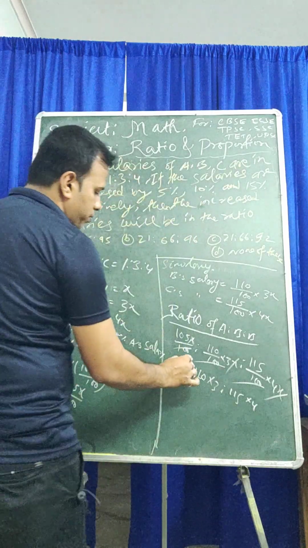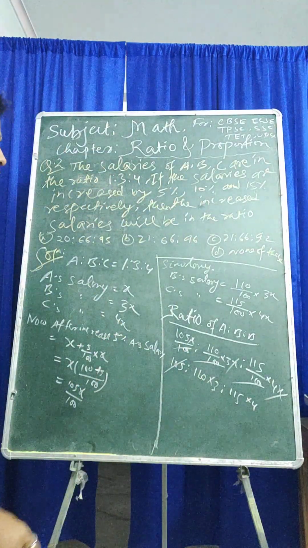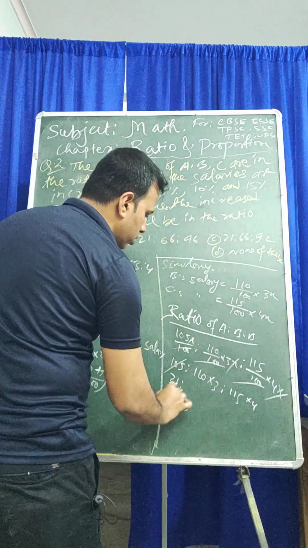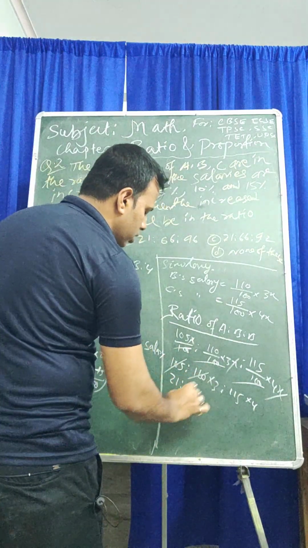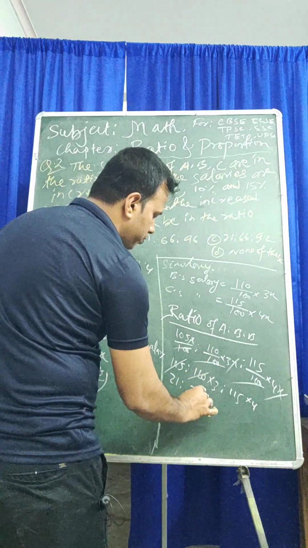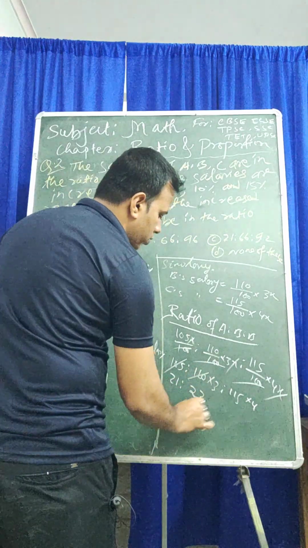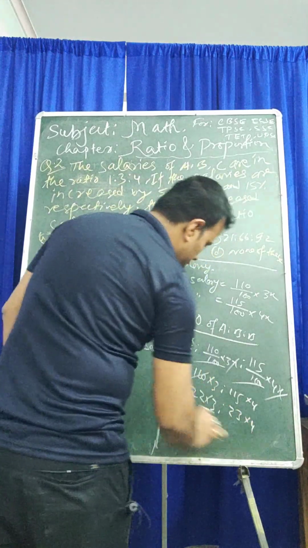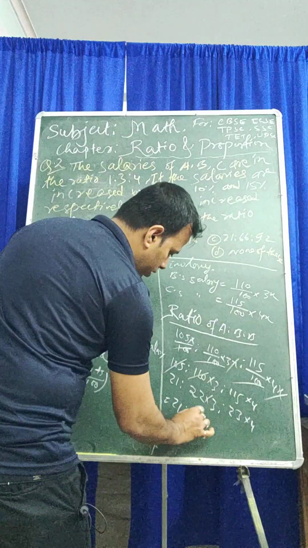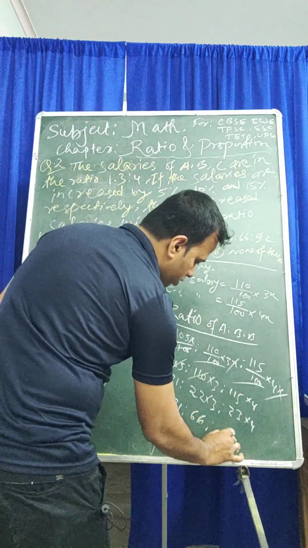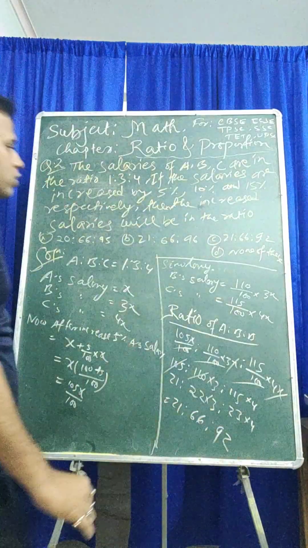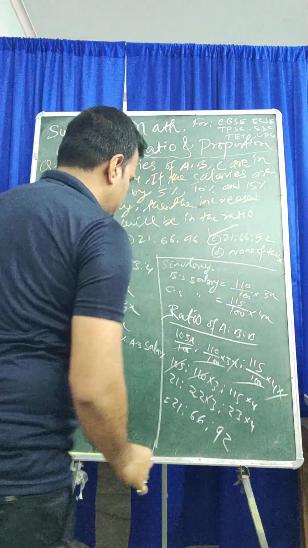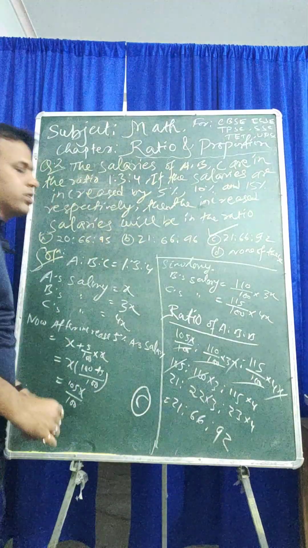Now if you cut by 5, it will be 21, here it will be 22 and 22 into 3, and here it will be 23 into 4. So if you multiply this, it will be 21 : 66 : 92. So which option is correct? That is 21:66:92. So option C is the correct answer.